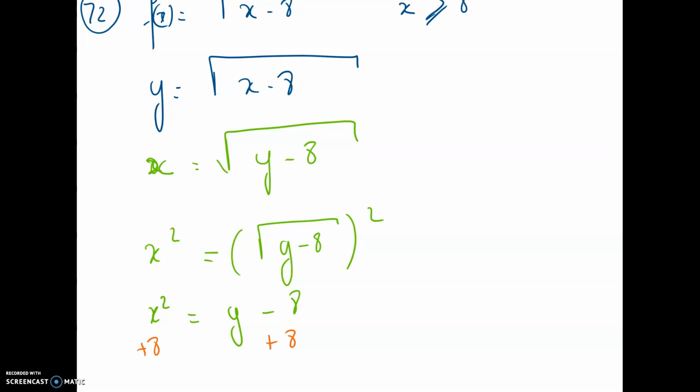And now I can literally express y equal x squared plus 8. But I need to give a condition that will be x greater than or equal to 0. And that will be the expression of my inverse function, f minus 1 of x, equal y equal x squared plus 8.